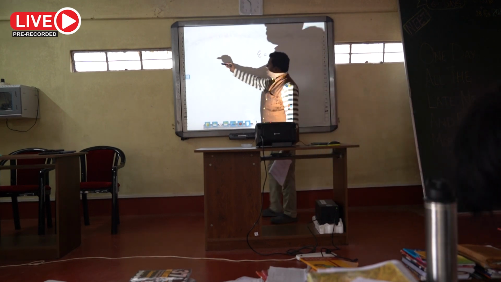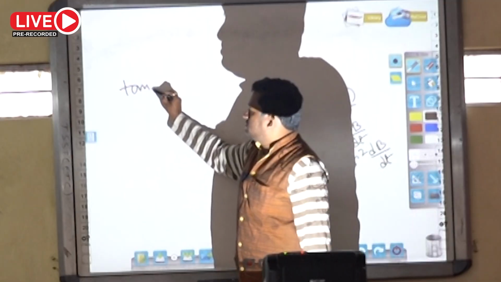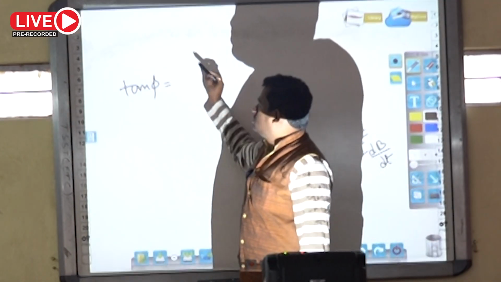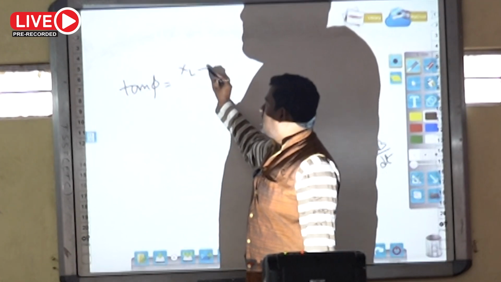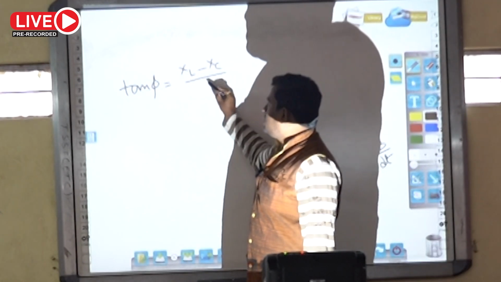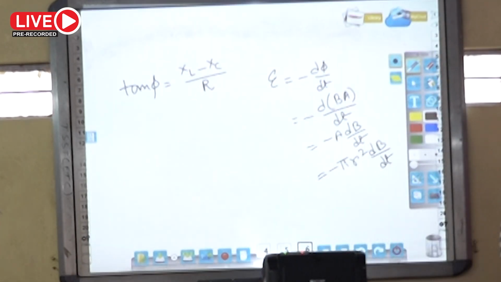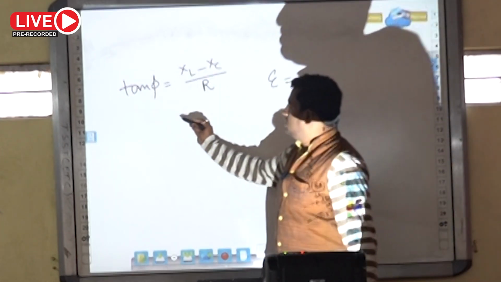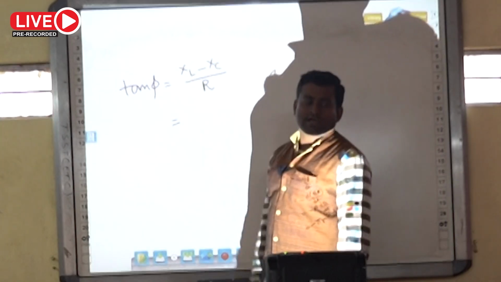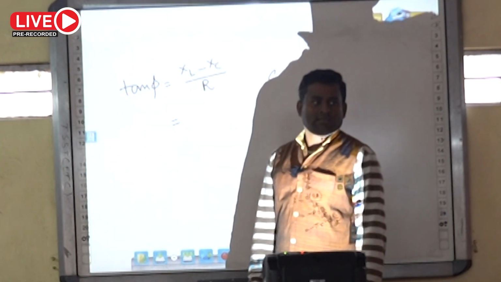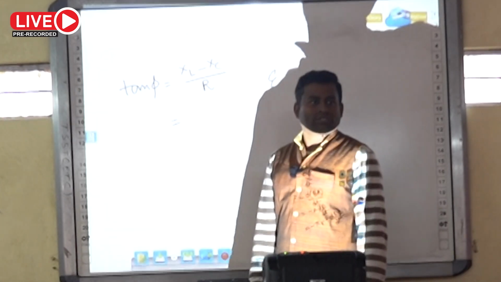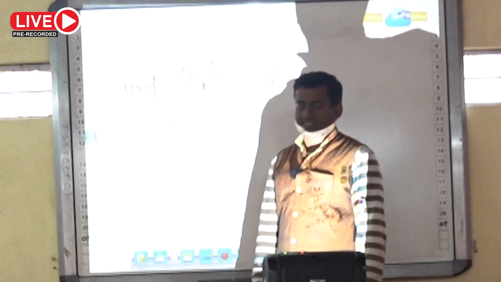See, we know that tan phi equal to XL minus XC divided by R. Okay. Then if I multiply numerator and denominator both by current, because same current flows through each of them because they are connected in series.